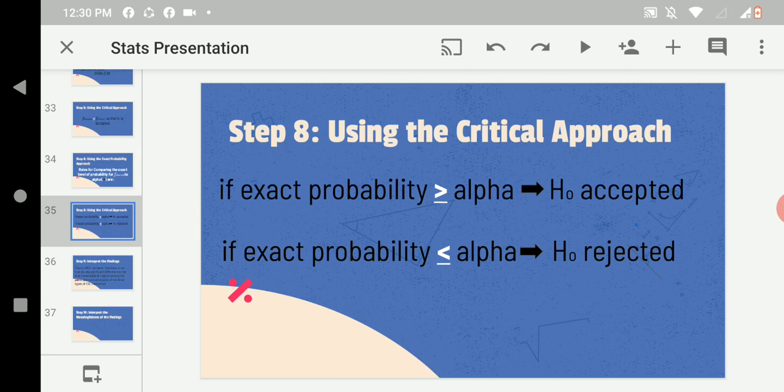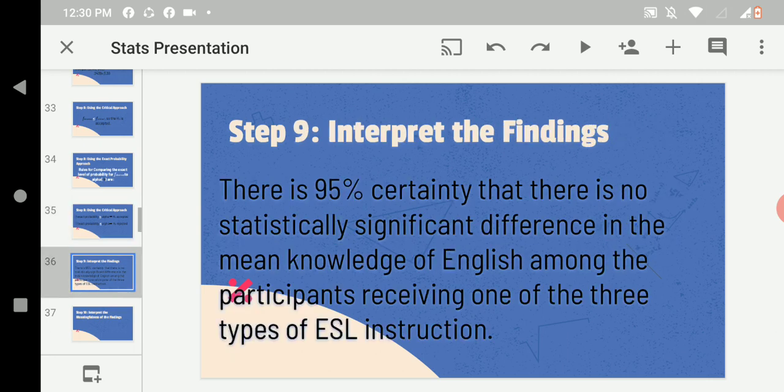If the exact probability is less than alpha, we have to reject the null and accept the alternative hypothesis.